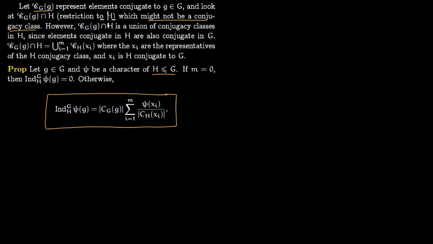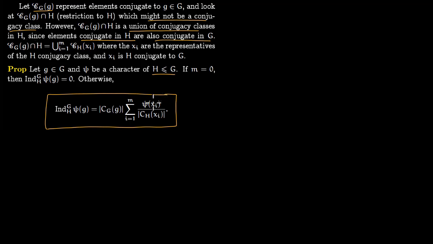However, we can still split this as a union of conjugacy classes, since anything which is conjugate in H will automatically be conjugate in G. Obviously G is bigger, so whatever is conjugate in G may not be conjugate in H, but what is conjugate in H will be conjugate in G. So we need to split this into conjugacy classes so that we can sum over it.